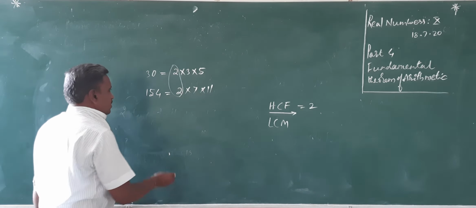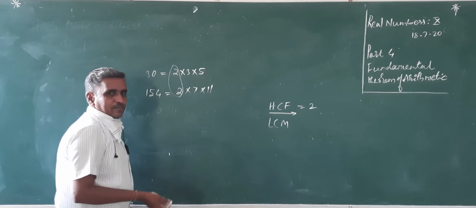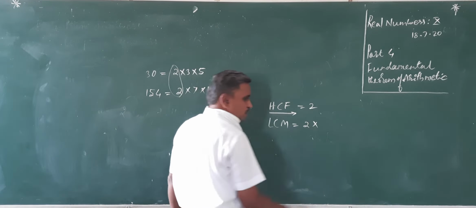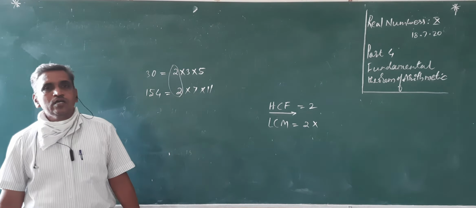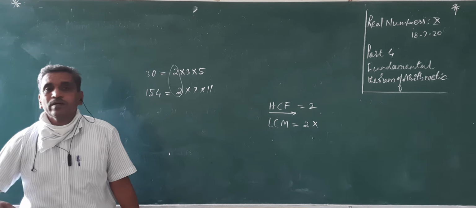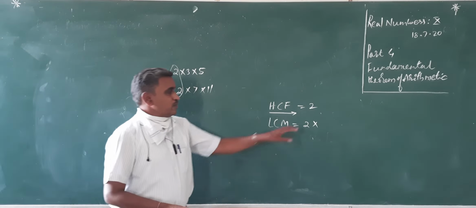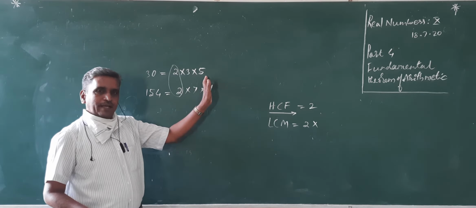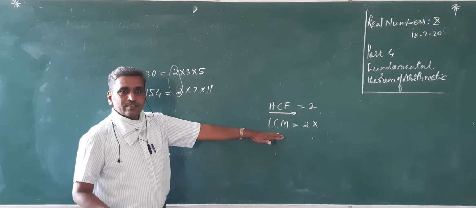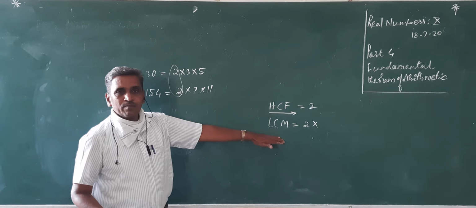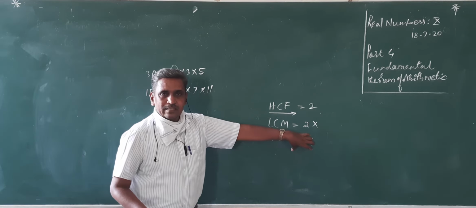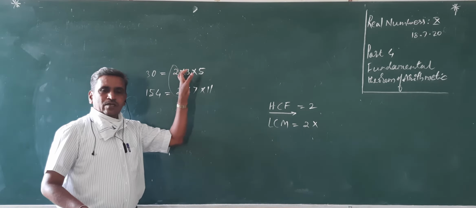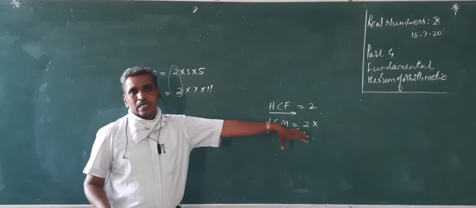Yes, and LCM equal to common factor into all the terms which are not common, least common multiple required. HCF means the number which divides the given numbers completely, among them the highest. LCM means least common multiple, the number which is divisible by the given numbers, among them the least common.